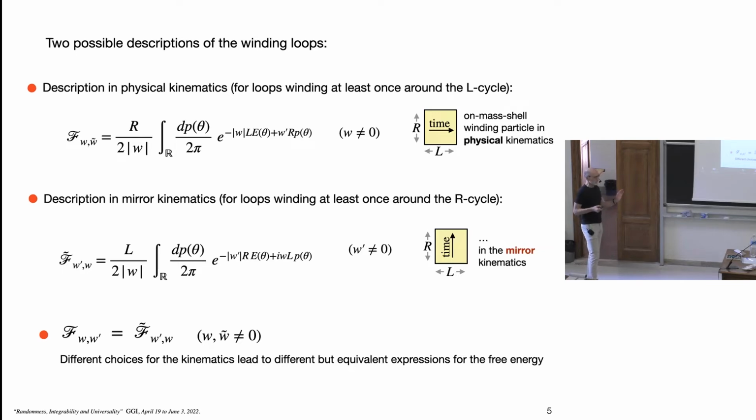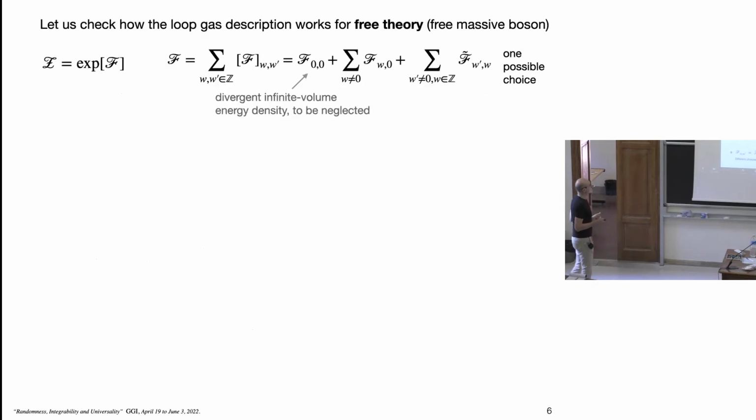And they will be related by modular invariance. We exchange the R and L cycles. For the moment free, yes. But I will introduce the interactions later. First, let us check that this description works for the free theory.